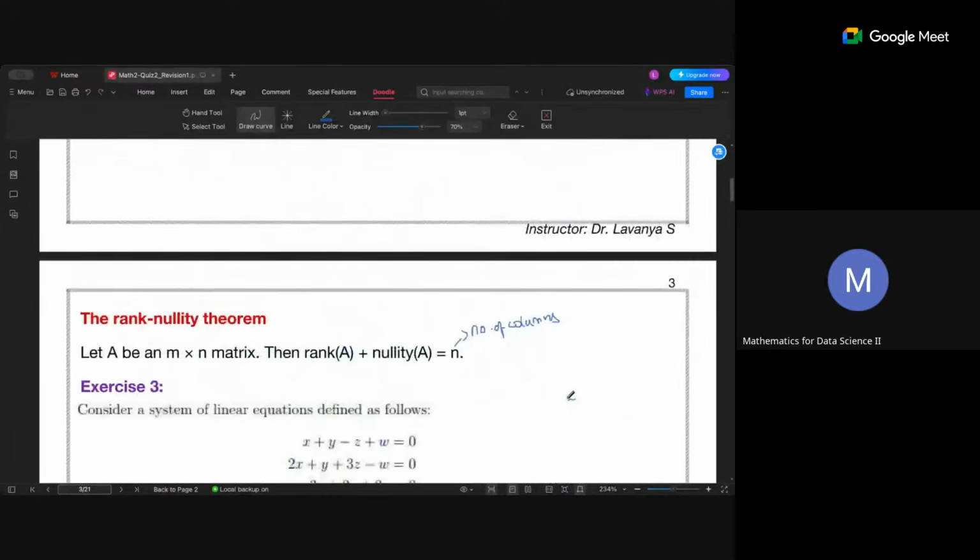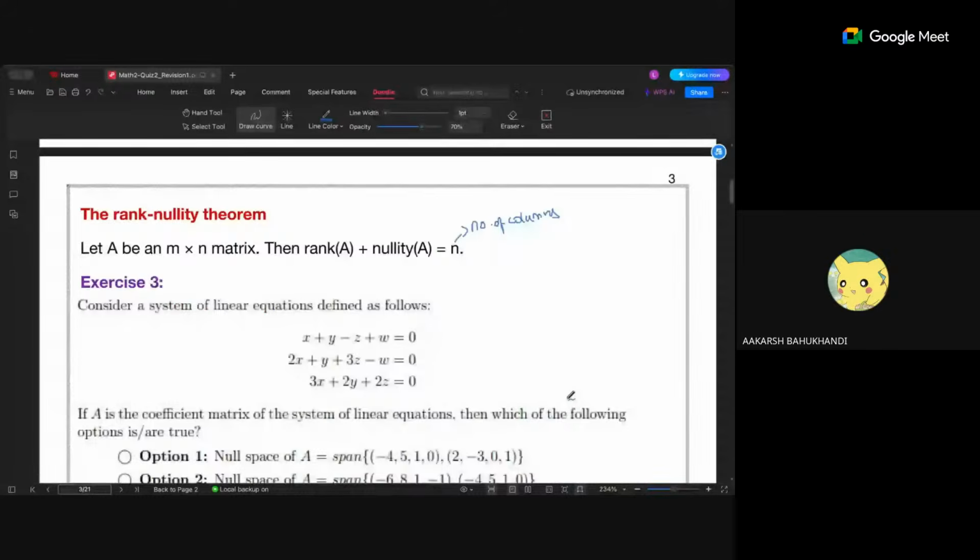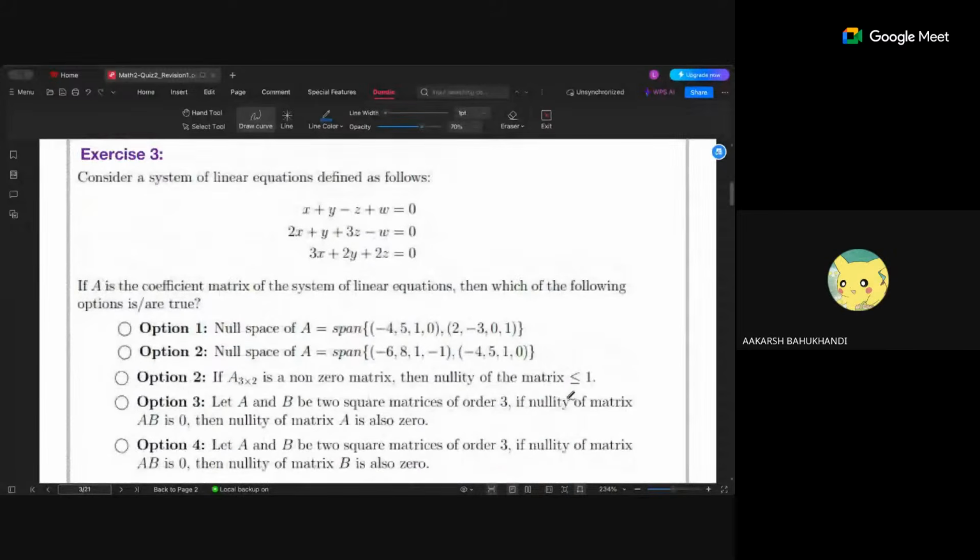That's all in RREF. Ma'am, as I was doing questions, I saw a pattern regarding the variables and the columns. Columns correspond to the variables.